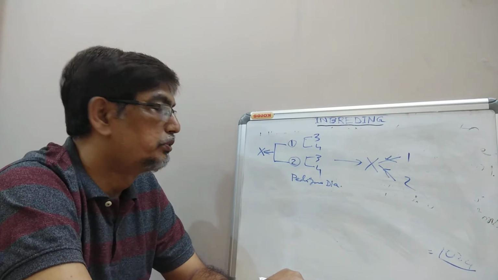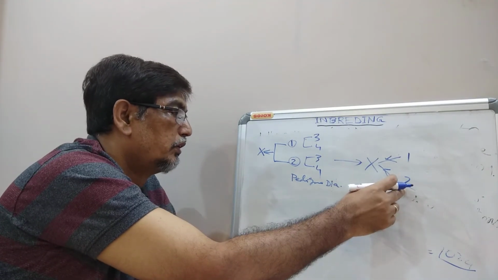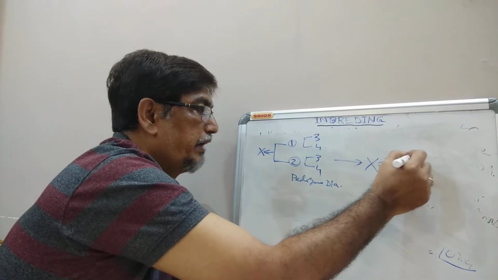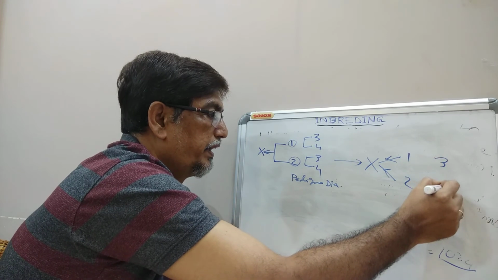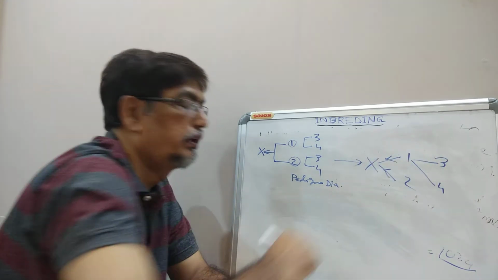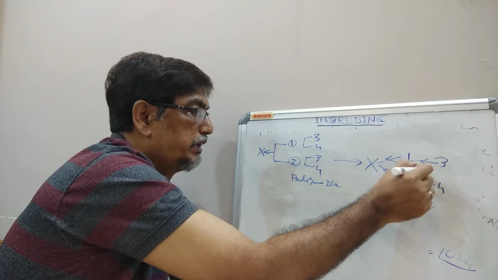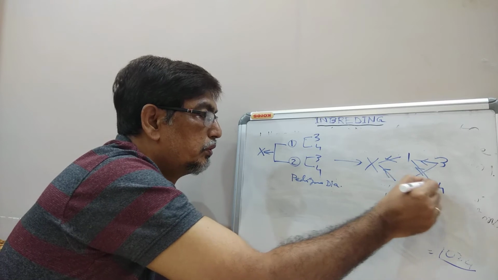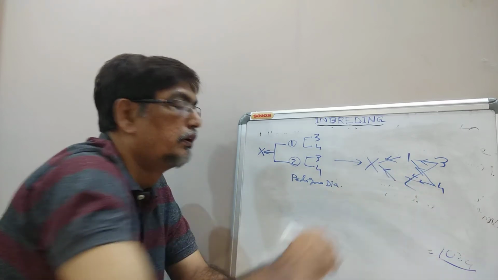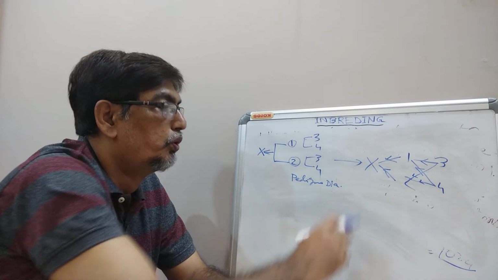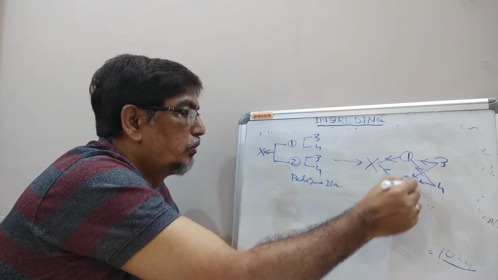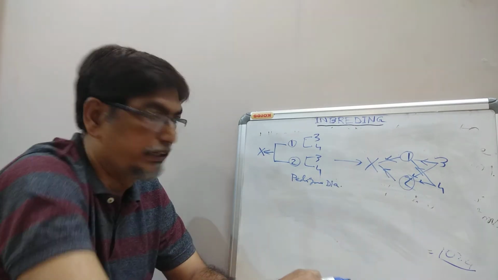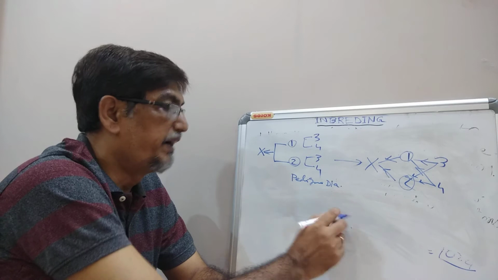So 1 and 2 produce X, and they have the same parents, 3 and 4. Individual 1 is produced by 3 and 4, and the same individuals also produce 2. So these two individuals are called full sibs, and their mating produces the individual X. So this is a full sib mating.